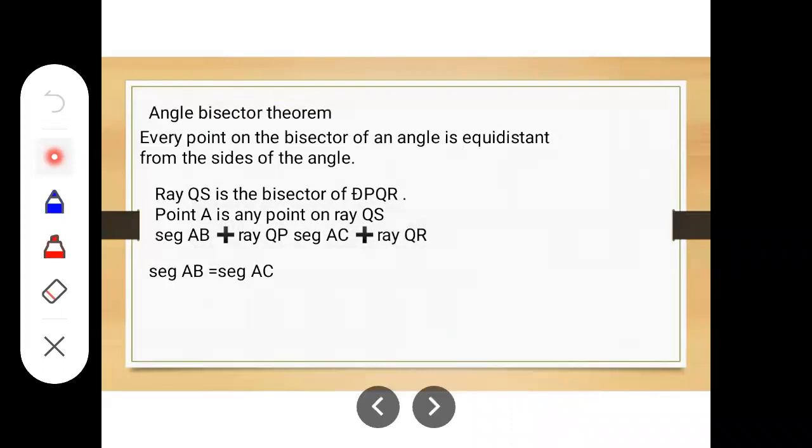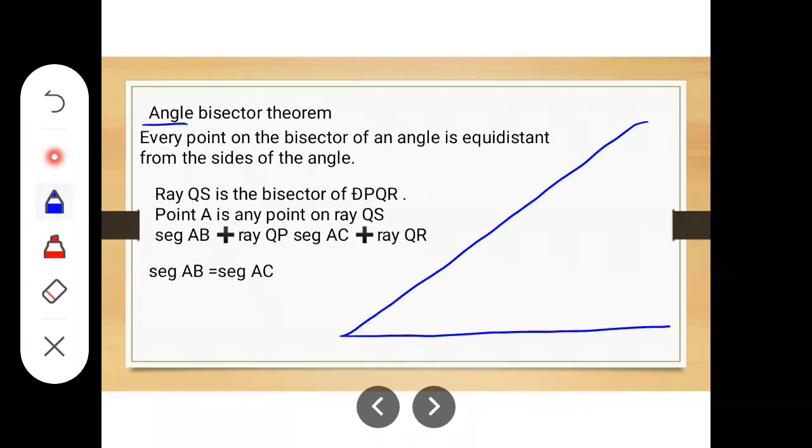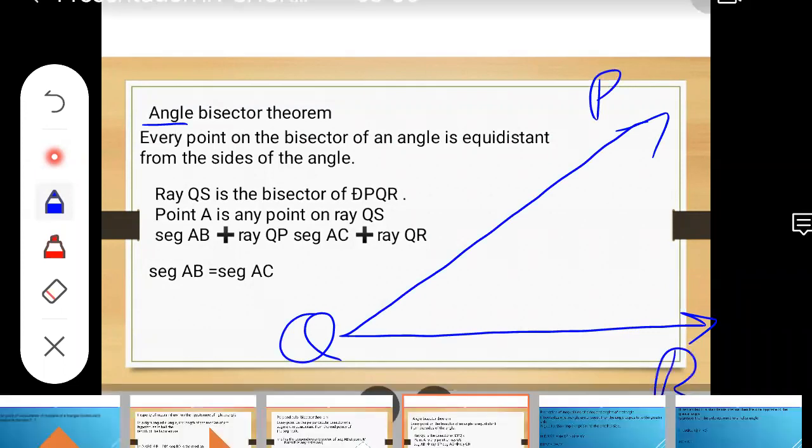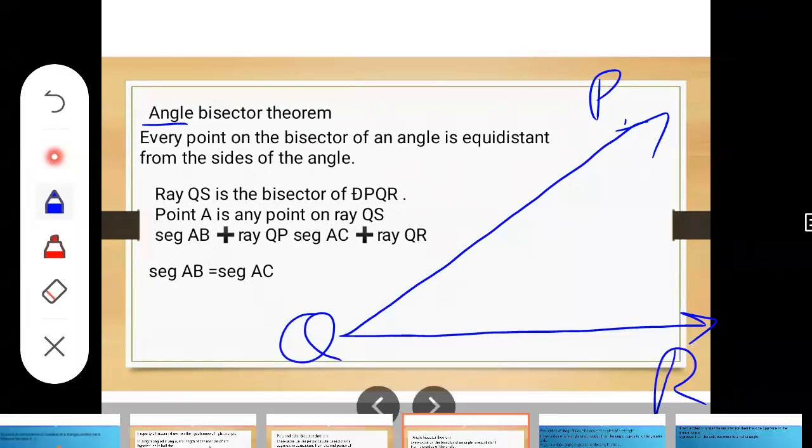It is somewhat similar to the perpendicular bisector theorem. Just we have to draw an angle here. So let's draw any angle. Suppose this is the angle. I labeled it as angle PQR. The points will be here.